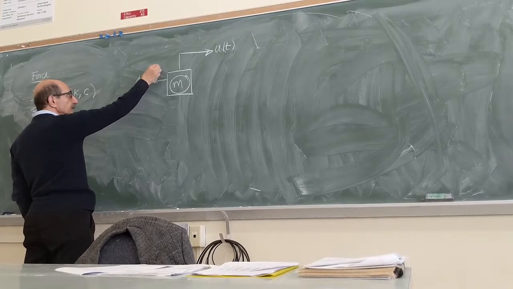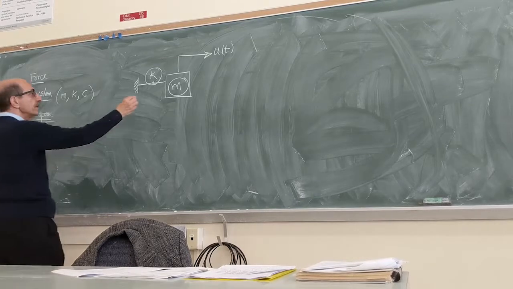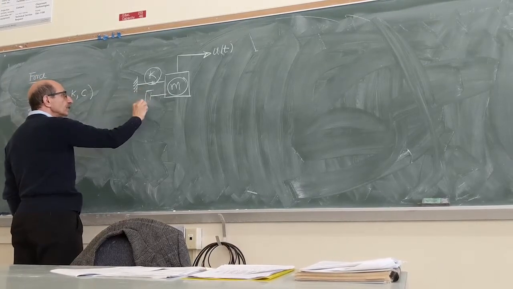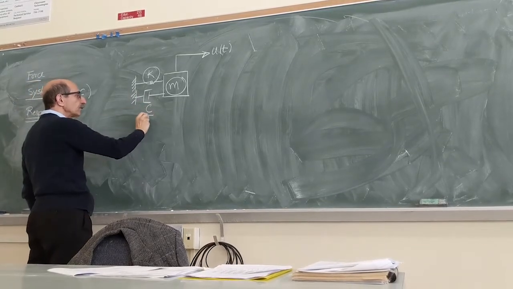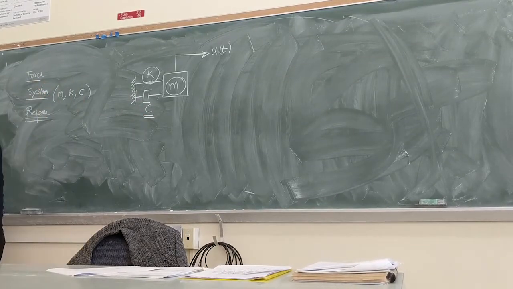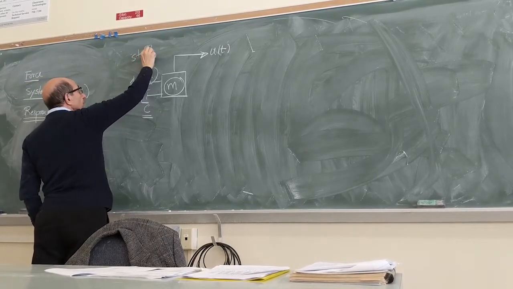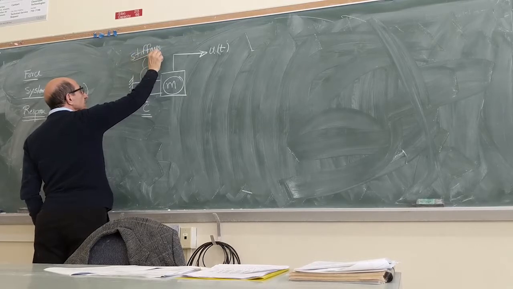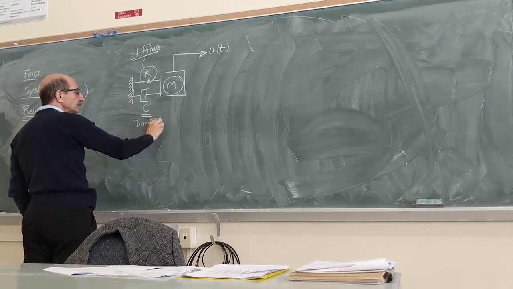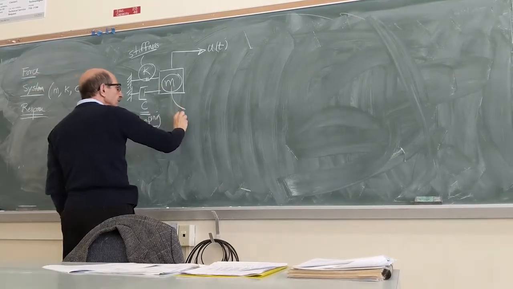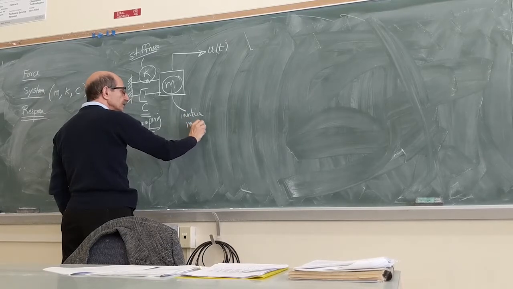We represent that, therefore, by a linear force, which is basically a spring. And then there is something else which is also resisting that motion, and we call that something else a damping element. So we call this the stiffness or elasticity element, and we call this a damping element, and this is the inertia or the mass.